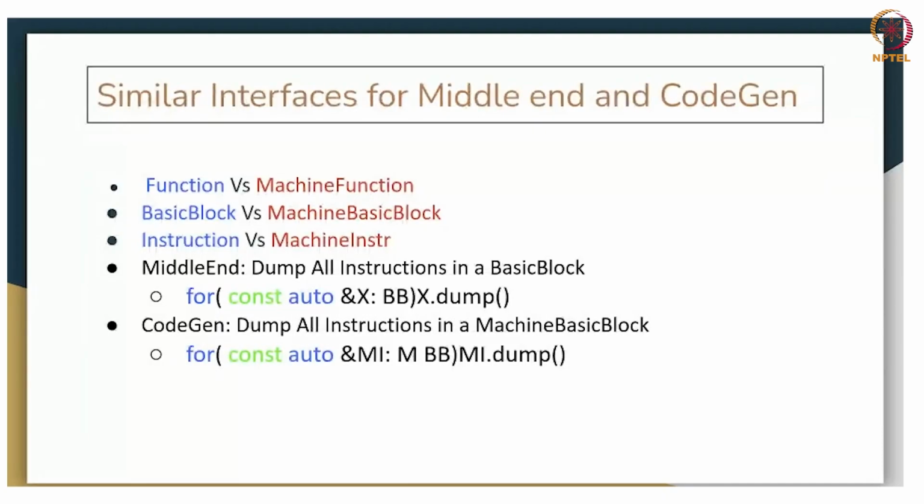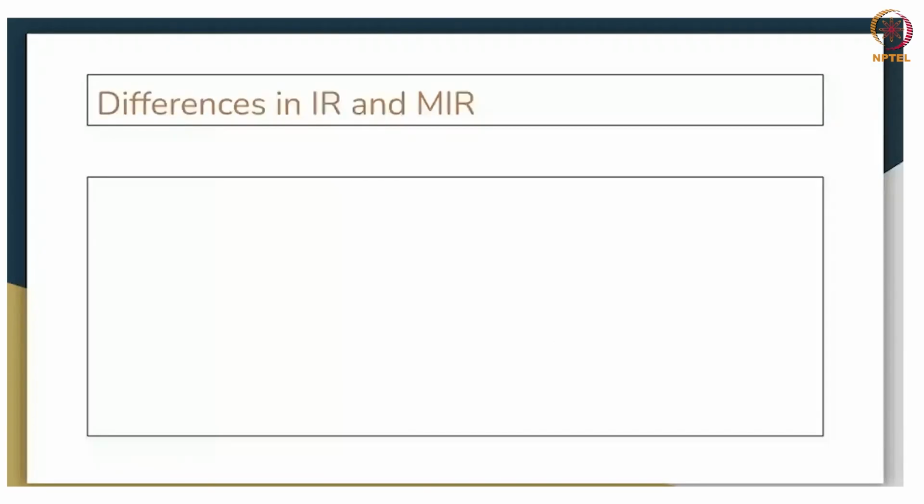But for each target, the code and instructions will be different, and that is incorporated in the TargetTransformInfo class and target specific classes. In the passes, you can use the APIs available in those target specific classes to get details. There are differences between IR and MIR.